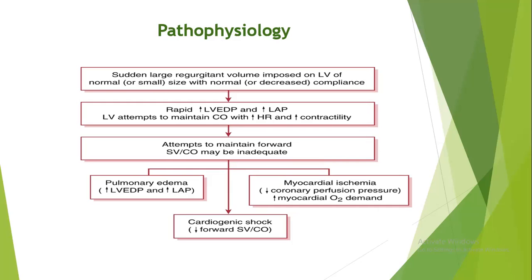In compensated aortic regurgitation, there is sufficient wall thickening so that the ratio of ventricular wall thickness to cavity radius remains normal. During the early phase of chronic AR, the left ventricular ejection fraction is normal or increased due to increased preload, and the patient may remain asymptomatic during that period.